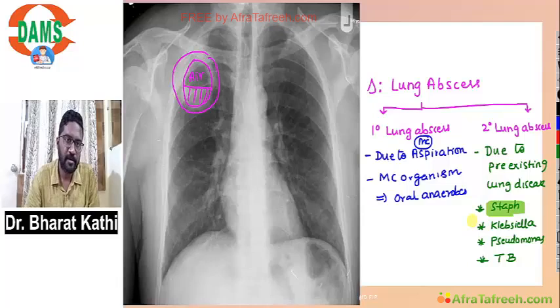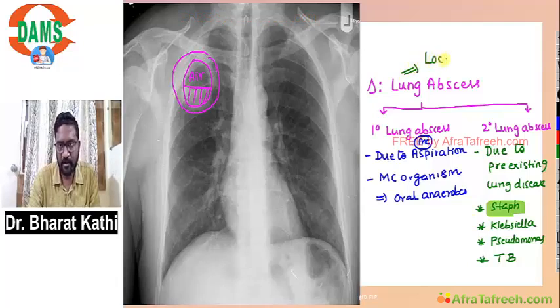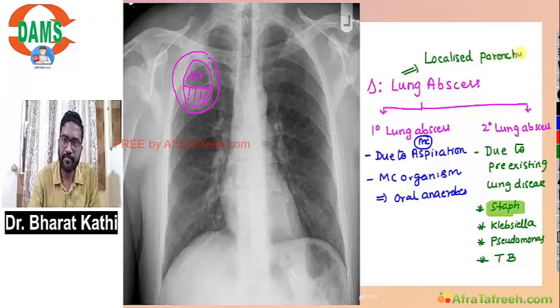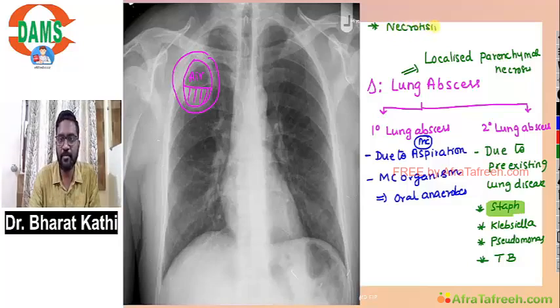See, the definition of lung abscess is localized parenchymal necrosis. Necrotizing pneumonia is nothing but multiple areas of parenchymal necrosis.